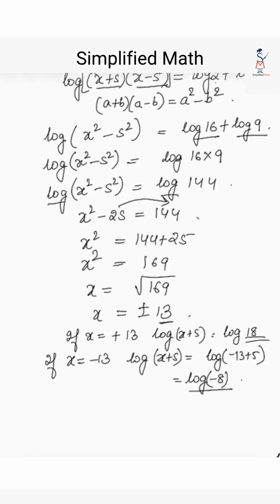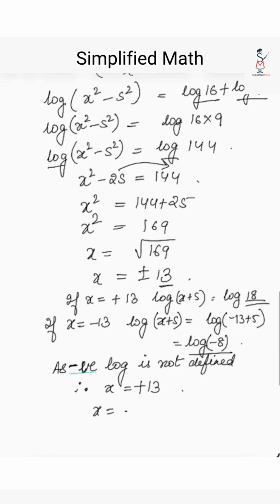So we know what is the case: log of a negative number is not defined. Therefore x is just plus 13. Fine. So x is plus 13 is the answer, not minus 13 in this case, because log of a negative number is not defined. So this is how we will find out the value.